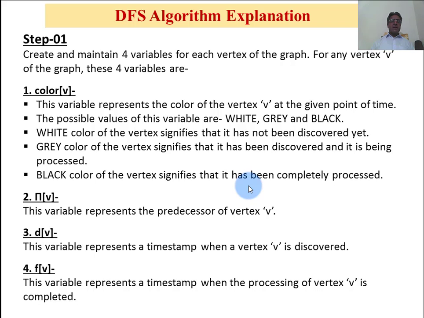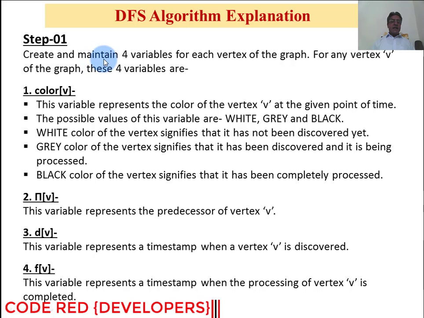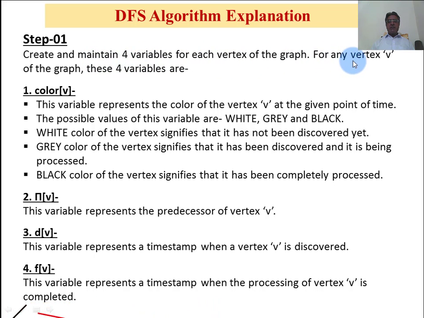Depth first search algorithm explanation. Step 1. Create and maintain 4 variables for each vertex of the graph. For any vertex v of the graph, these 4 variables are: color of v, which represents the color of the vertex v at the given point of time. The possible values of this variable are white, gray and black.